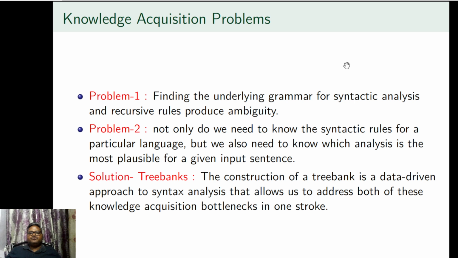First one is to understand the grammar, we need knowledge. And number 2, we need to know which parse tree is the correct one, which one is the most accepted one. So the solution to these two problems is tree banks. What are tree banks?